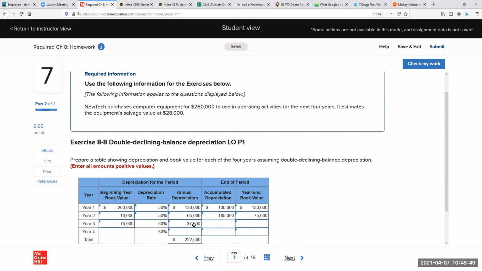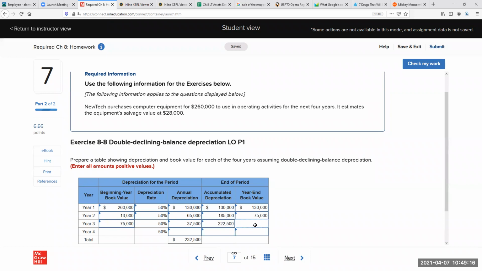What's my accumulated? 185 plus 37.5 is 222.5, which is 222,500.